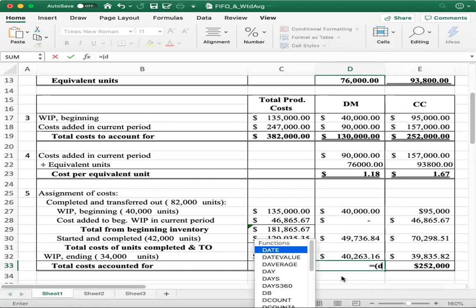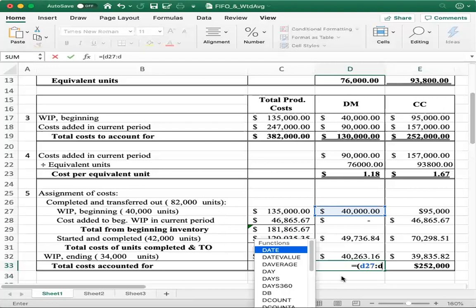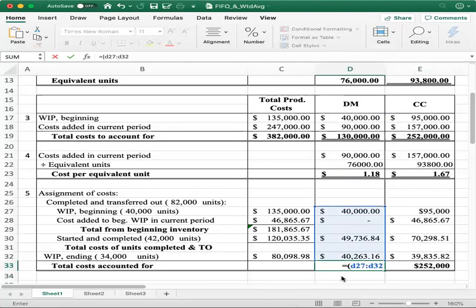So we have D27 all the way to D32. It gives you 40,000. There's something wrong. Why did we miss something? Should be more than that.